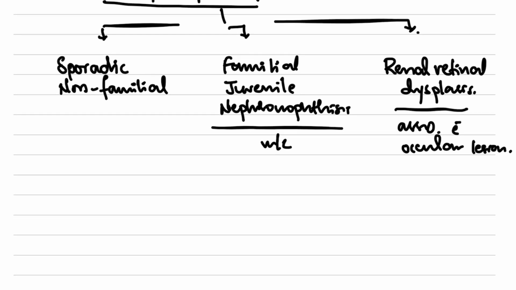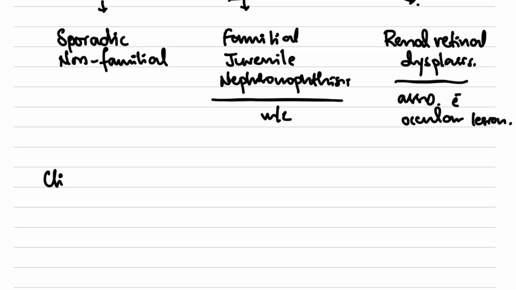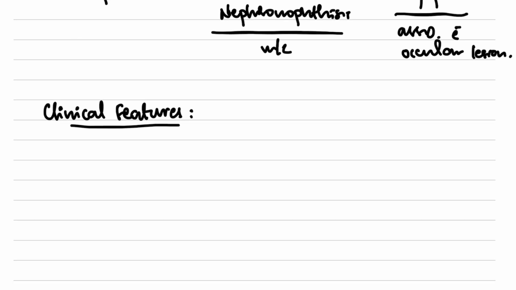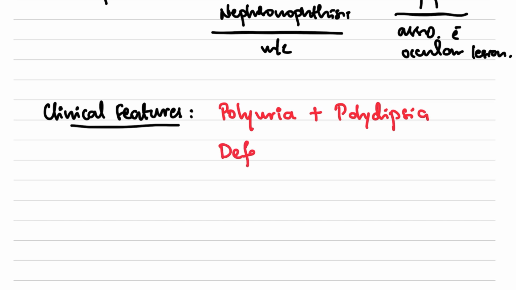Now moving on to the clinical features in nephronophthisis. The patient will have polyuria along with polydipsia. There will be a defect in the concentrating ability of the urine.